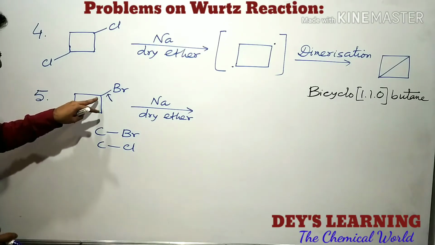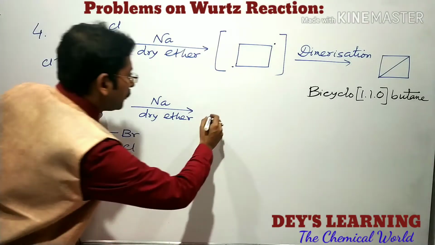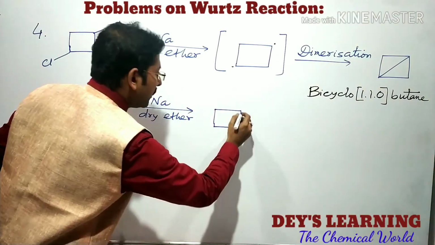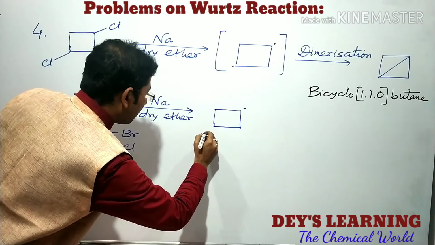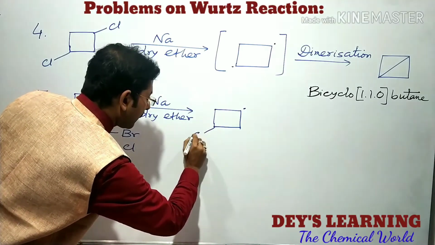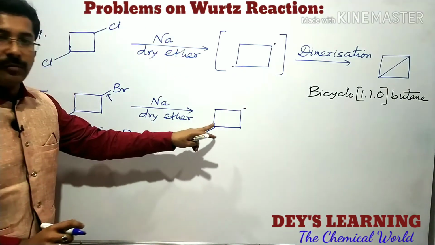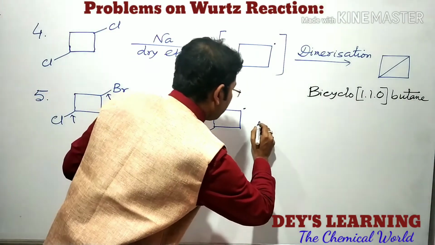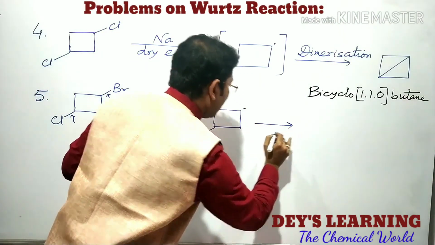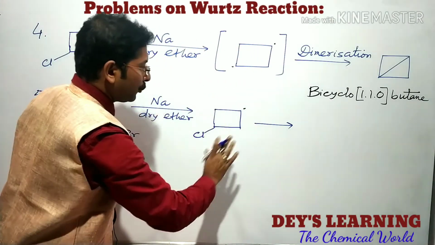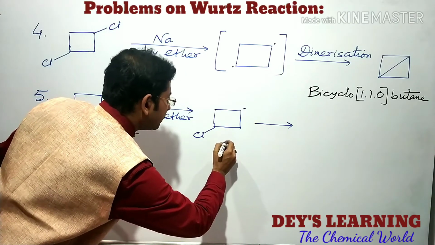So this bond will break first to form the free radical like this. Now 2 things can be possible from here. If a carbanion is formed from here, now 2 things can happen.